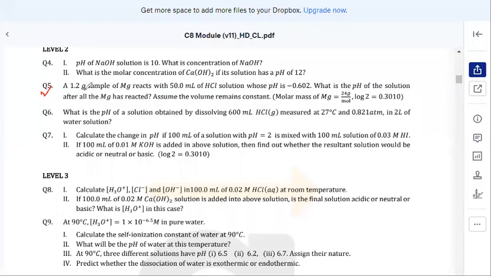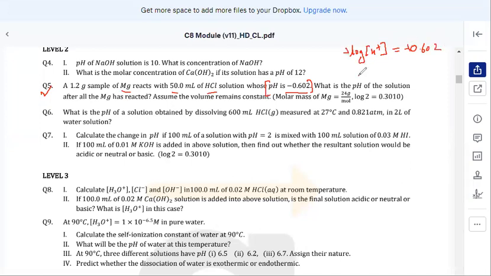Now, a 1.2 gram sample of Mg reacts with 50 milliliter of HCl solution whose pH is this. First of all, pH is minus log concentration of H plus. This is equal to minus 0.602.